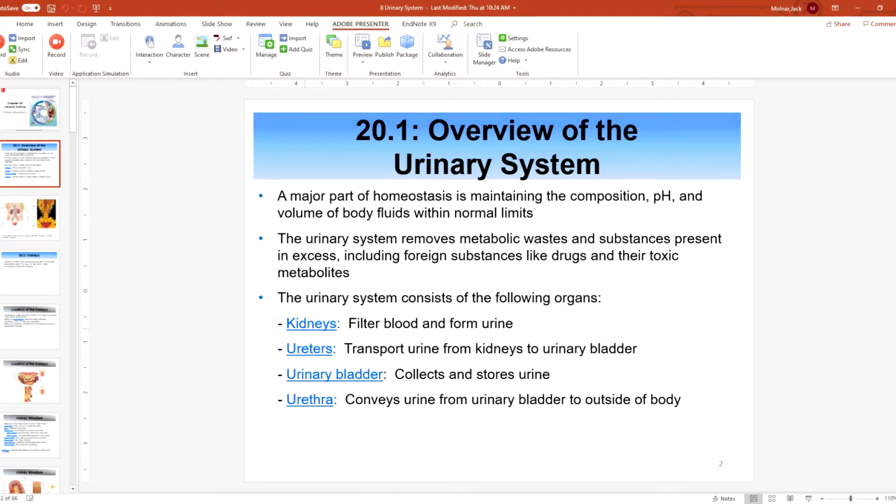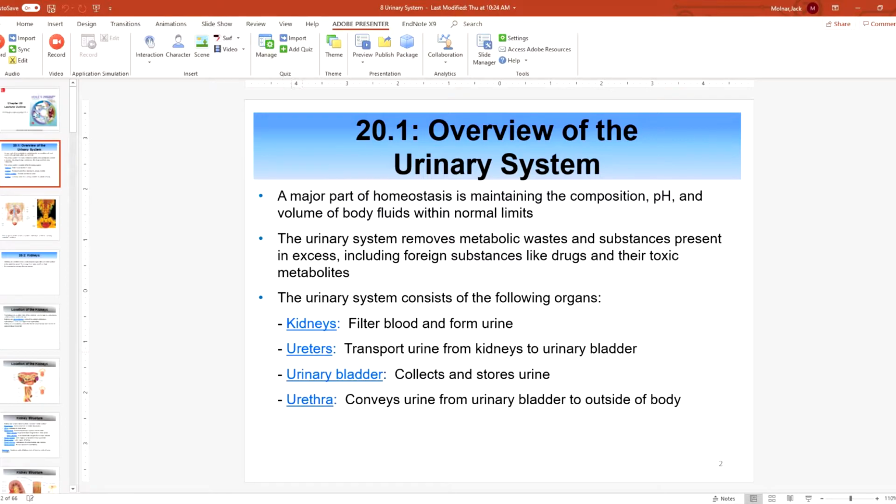Then they will pass that urine on to the ureters, which are muscular tubes that convey that urine down to the urinary bladder. The urinary bladder will collect and store the urine until it's time to micturate or release the urine or urinate, and the urine will pass through the urethra out of the body.